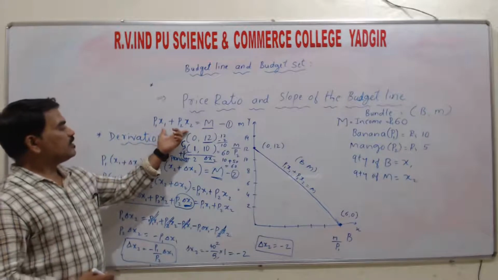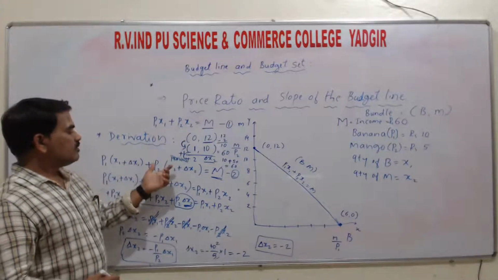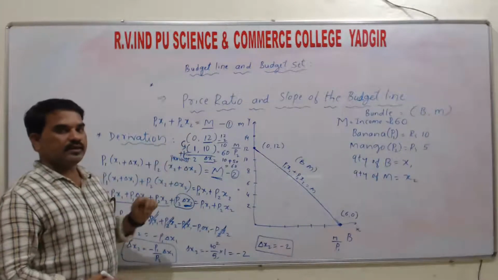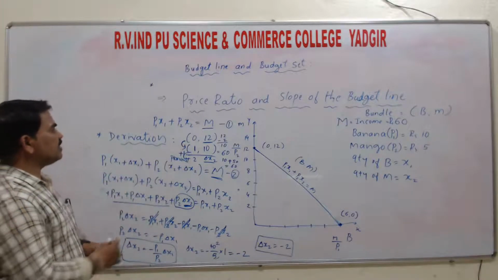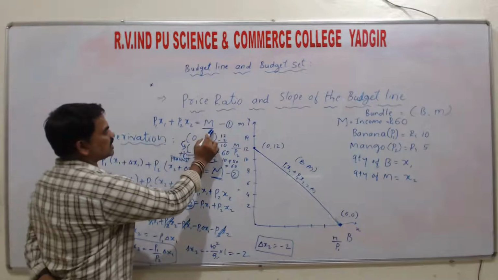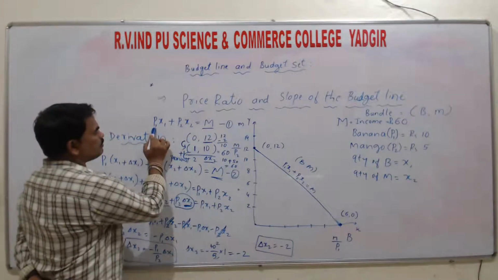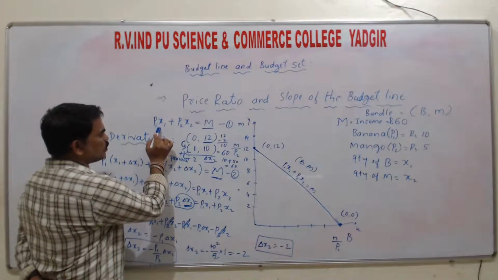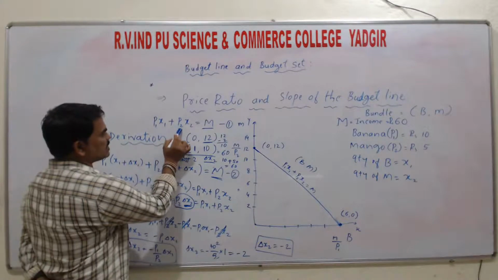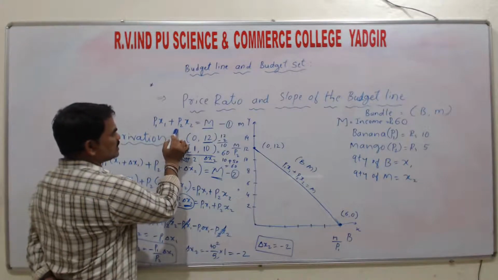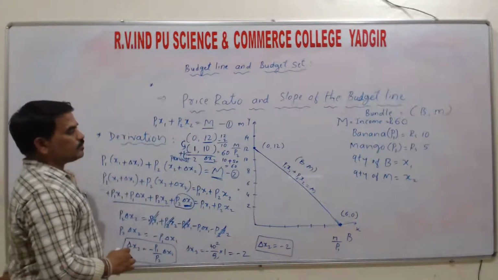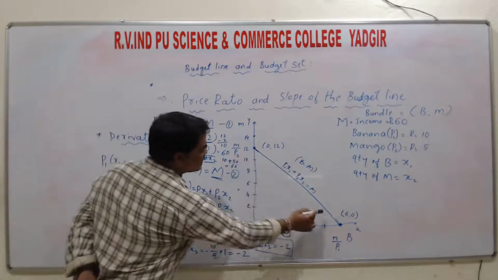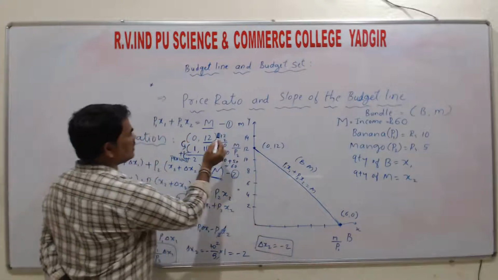Then how can we derive this when we want to change the quantity? We can derive it this way. I'll repeat this again. This is the equation of the budget line: price and quantity of good 1 plus price and quantity of good 2, the sum of these two, equals the total income, because the bundles are on the budget line.